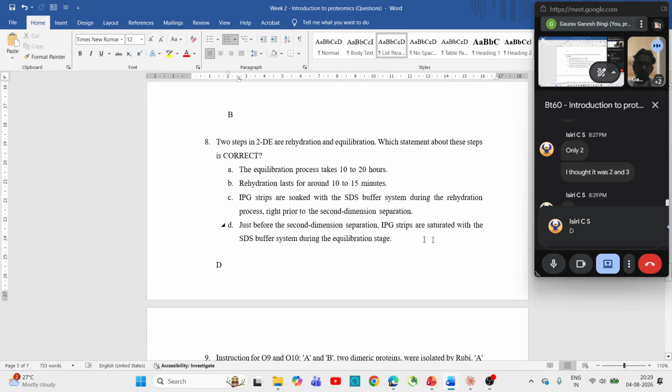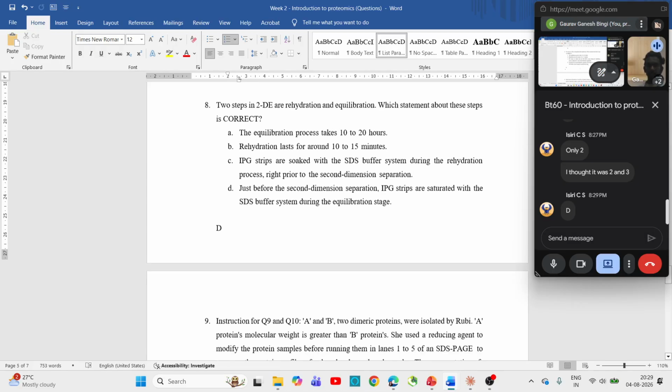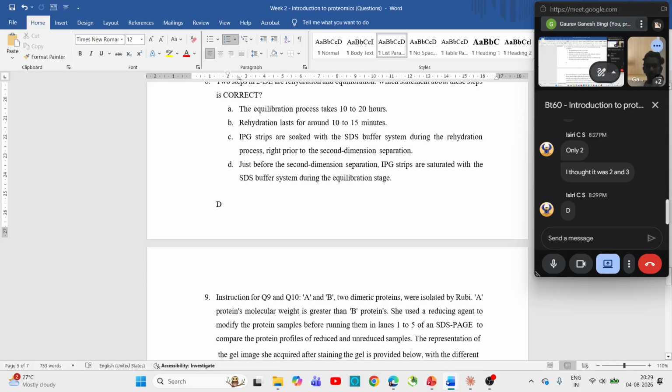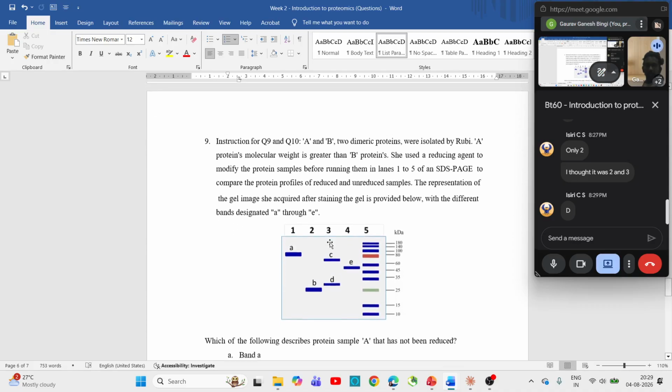So just before second dimension, they are saturated with SDS, and there is then a second equilibration as well, with alkylating and reducing agents. So this is for 9 and 10 both.